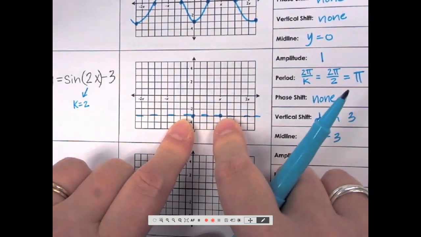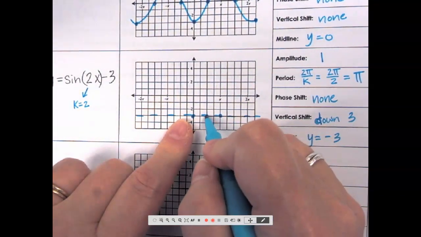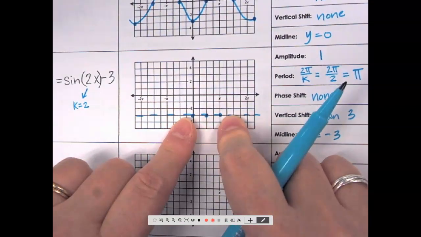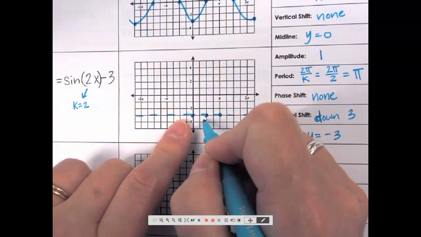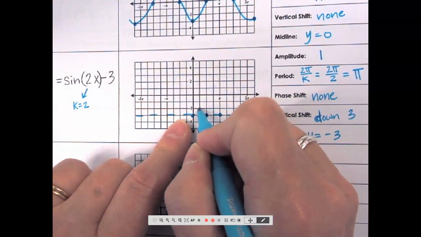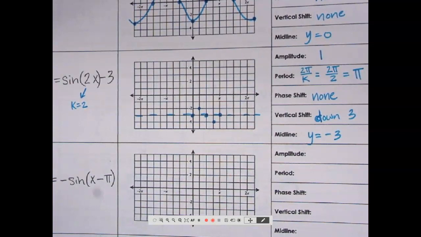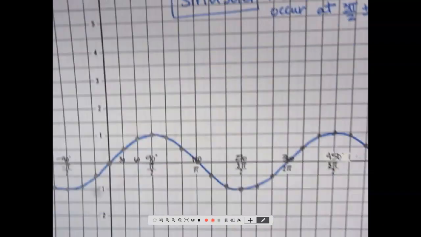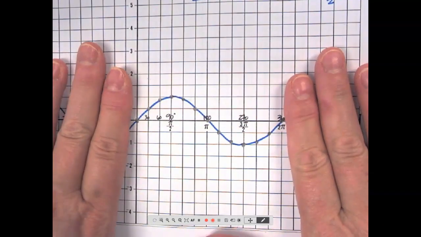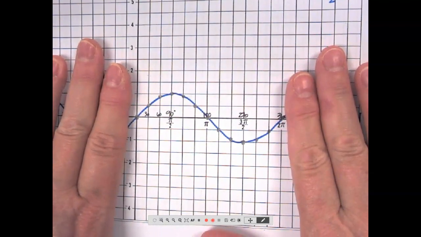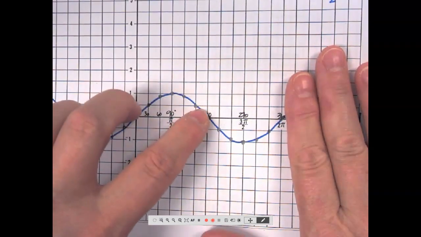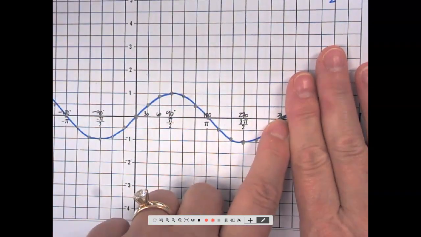Okay, well, if that's the whole thing, halfway is going to cross back over. Halfway between those, I'm going to be at the max, and halfway between those, I'm going to be at the min. Do you see how I squeeze that in? So one more time. I know that normally in 2 pi I have a 0, max, 0, min, 0.